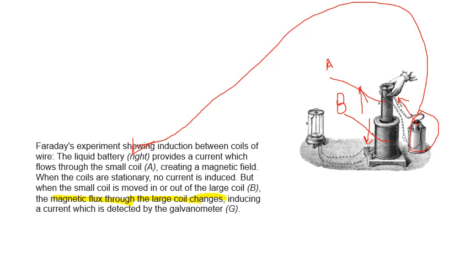And as the magnetic flux of the large coil changes, this will induce a current.